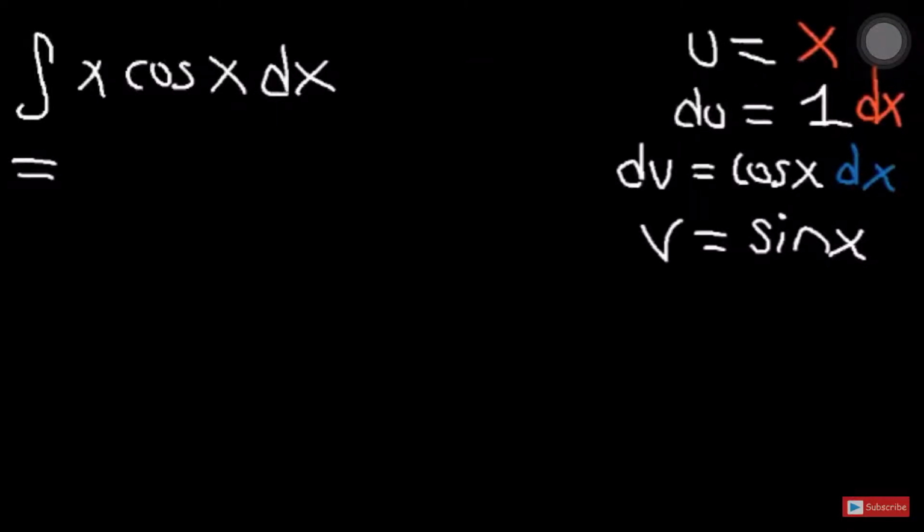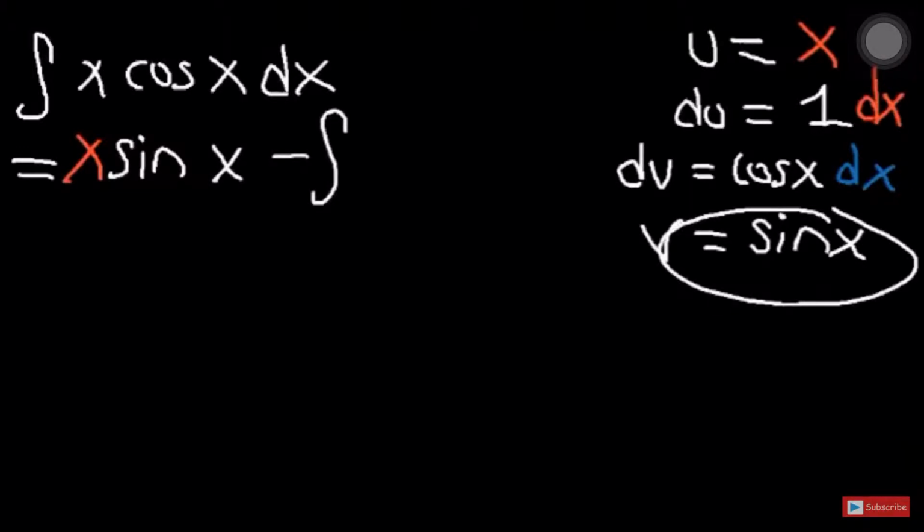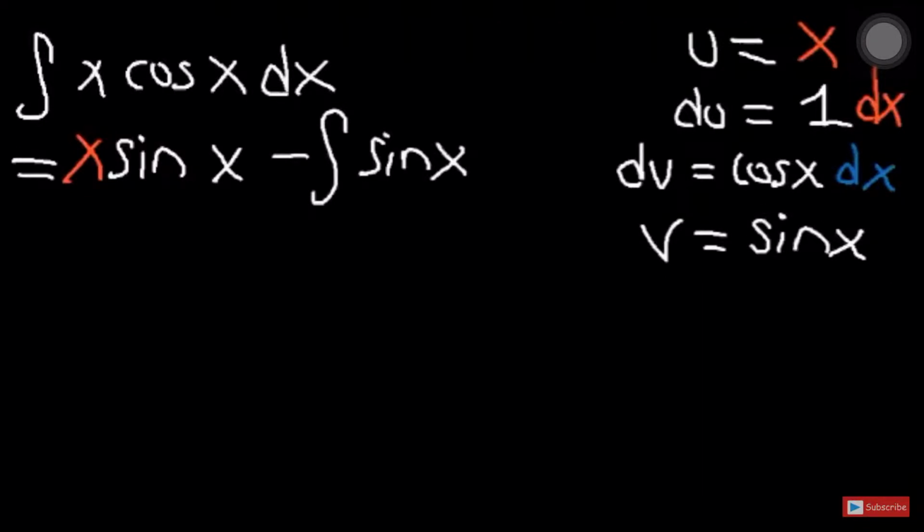So we know this formula is equal to uv minus the antiderivative of v du. So uv is x times sine x minus the antiderivative of v du, which is simply sine x dx.